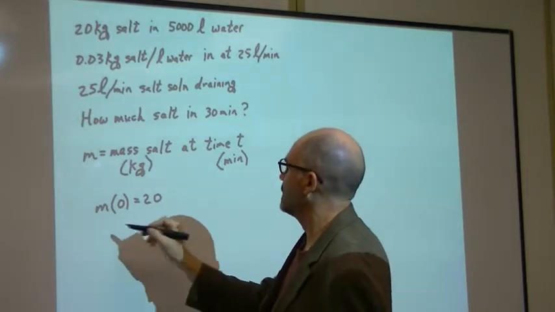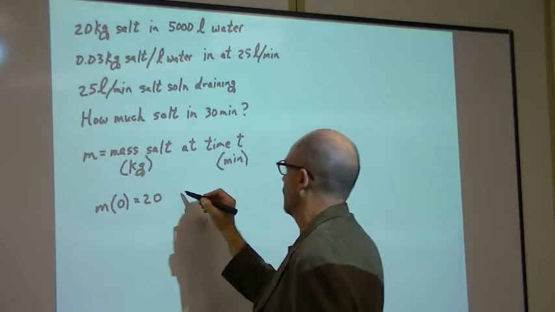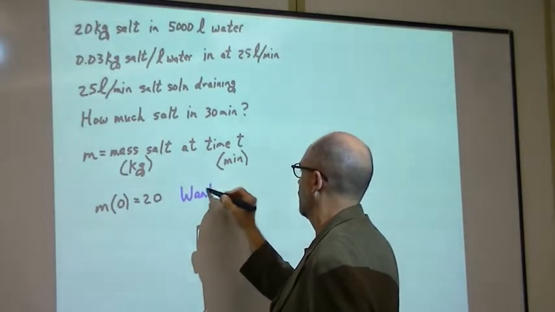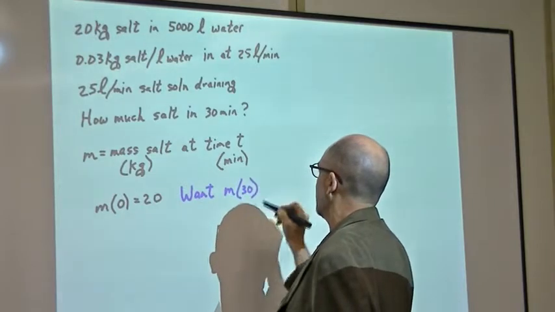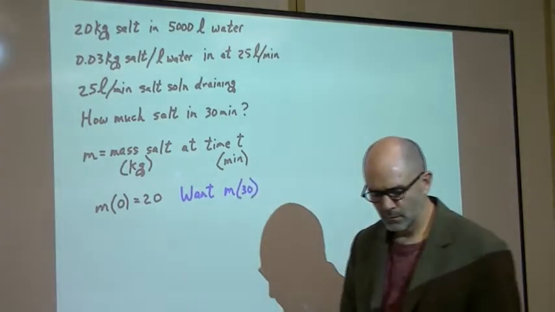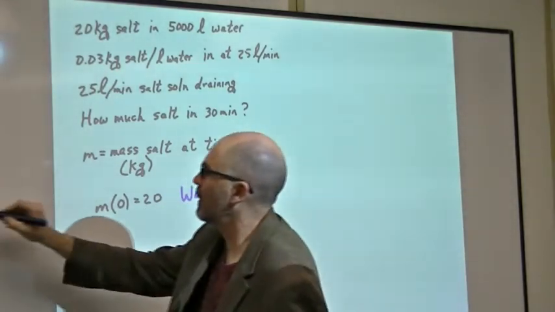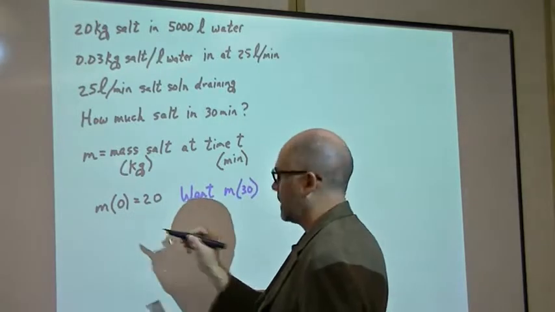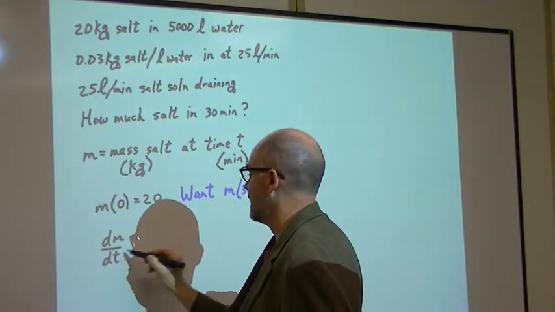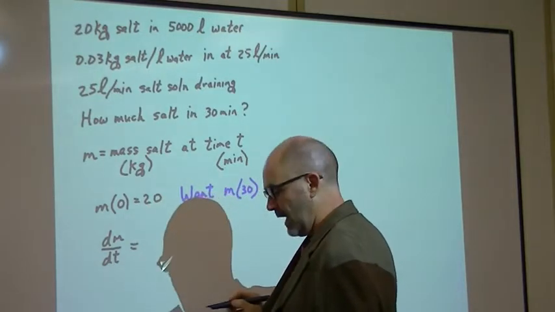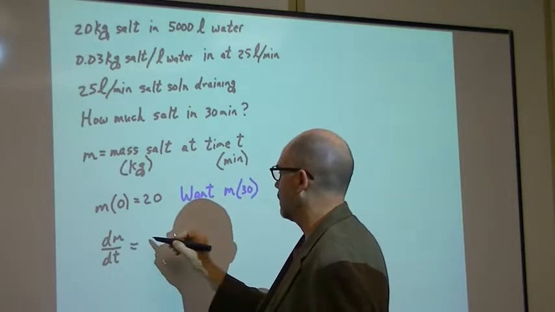And what we want is the mass at 30 minutes. Okay, now let's do one more thing while we're defining variables. dm/dt is the rate of change of mass with respect to time.